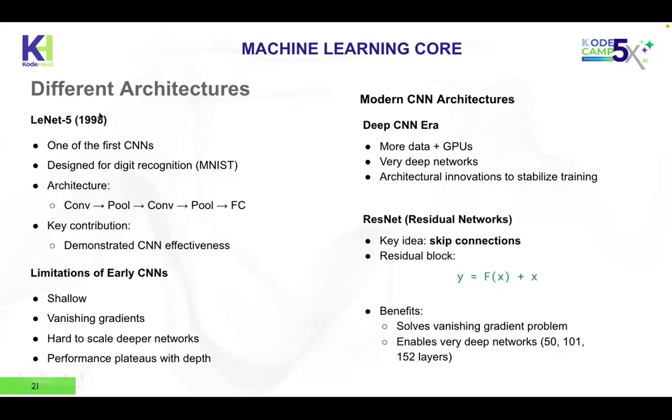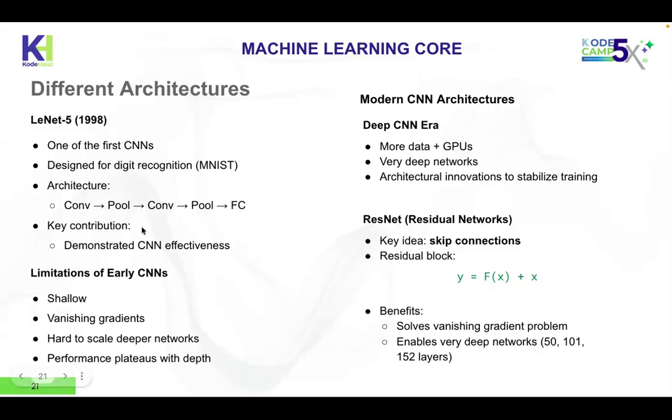So we had these early first convolutional neural networks in the late 90s, which were designed for recognition of digits, and we are going to do an example of that shortly. The architecture was just this: a convolutional layer, a pooling layer, another convolutional layer, a pooling layer, then a fully connected layer, right? And that was able to recognize handwriting.